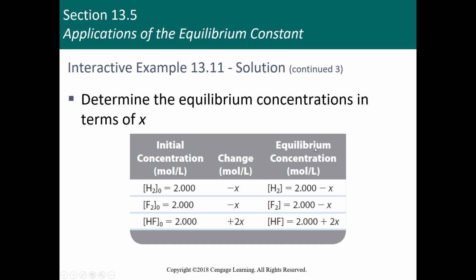So I'm doing them across the top. The initial concentrations were these, and that's what we figured out before. This right here is the change in each of these molarities. Again, this is minus x because we consume one of these, we will consume one of these, and we will make 2 of these. And so this is plus 2x.